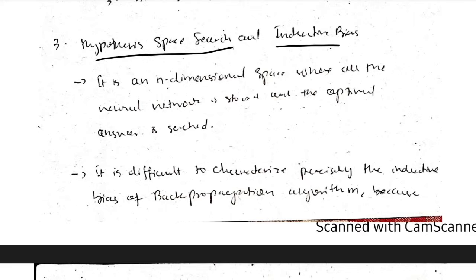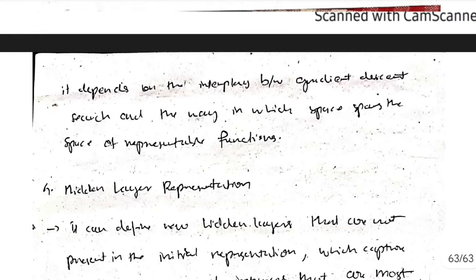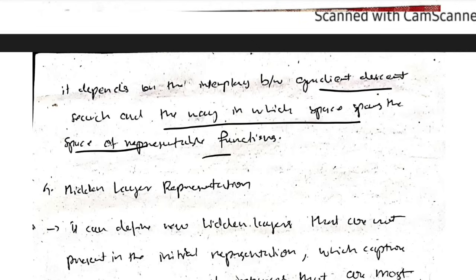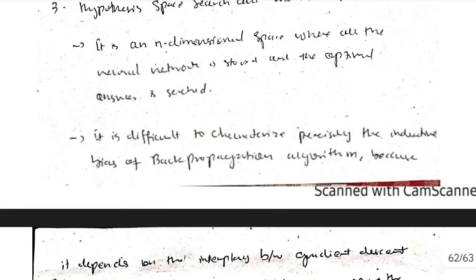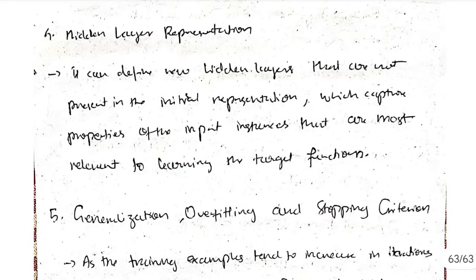Inductive bias: there is a difficulty in characterizing precisely the inductive bias of backpropagation, because it depends on the interplay between gradient descent and the search space of representable functions. Because of these two, inductive bias is not possible to characterize. That's the third point.